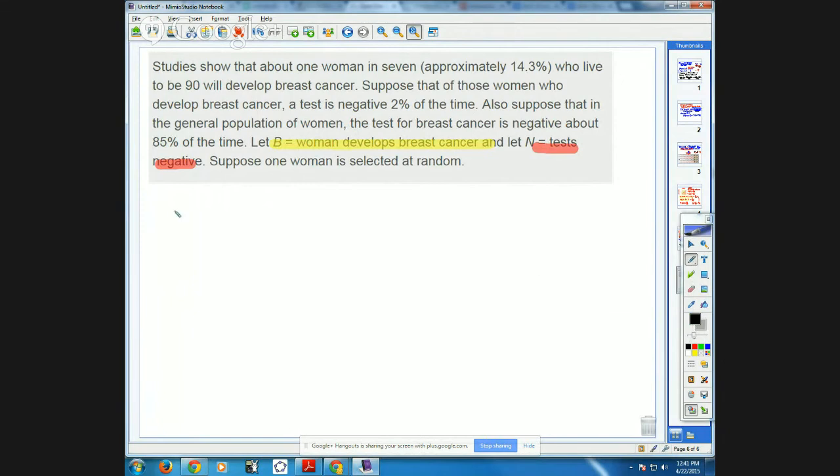So then the probability of a woman developing breast cancer is 1/7. 1/7 as a decimal is 0.142857 repeating. It's kind of sad that I know that. No, it's kind of cute. It's a nice repeating part. And if we rounded that to 0.1%, that would be approximately 14.3%.